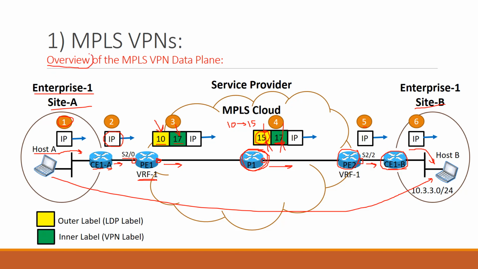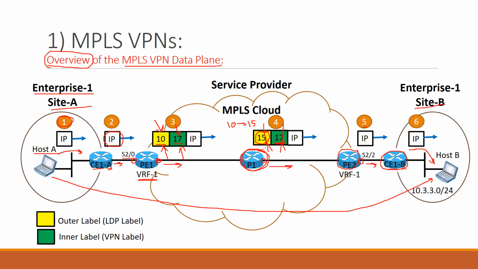Actually, this is an overview. There are no details discussed in this slide. This is an overview of the MPLS VPN data plane. It just shows you that MPLS VPN is not like MPLS unicast IP forwarding. The difference is here it uses two labels, inner label and outer label.